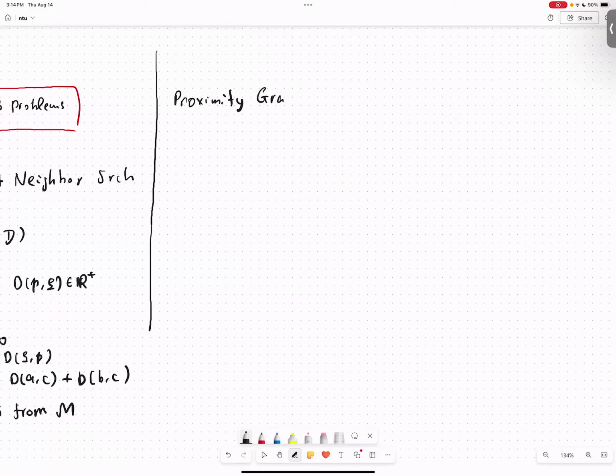In the first topic of this seminar series, my objective is to discuss this proximity graph. So let's discuss this topic together. My goal is to introduce to you the theory behind this PG. And the theory is still under development as we speak, because this is such a new topic.